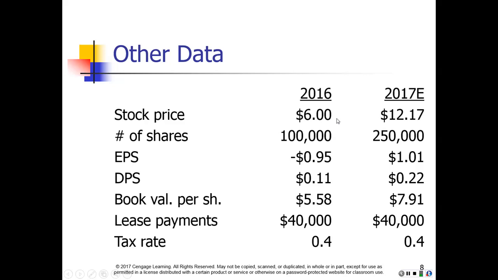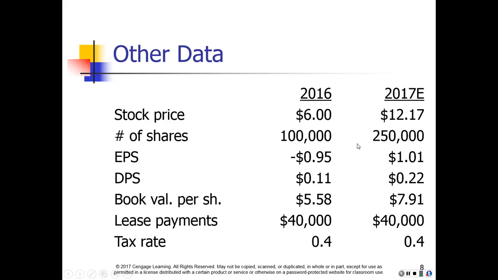There is other data, which is not typically a part of the balance sheet or income statement, but it is usually reported separately. So we got $12, and the stock price is expected to have gone up. So at the end of 2017, it's going to be $12.17.